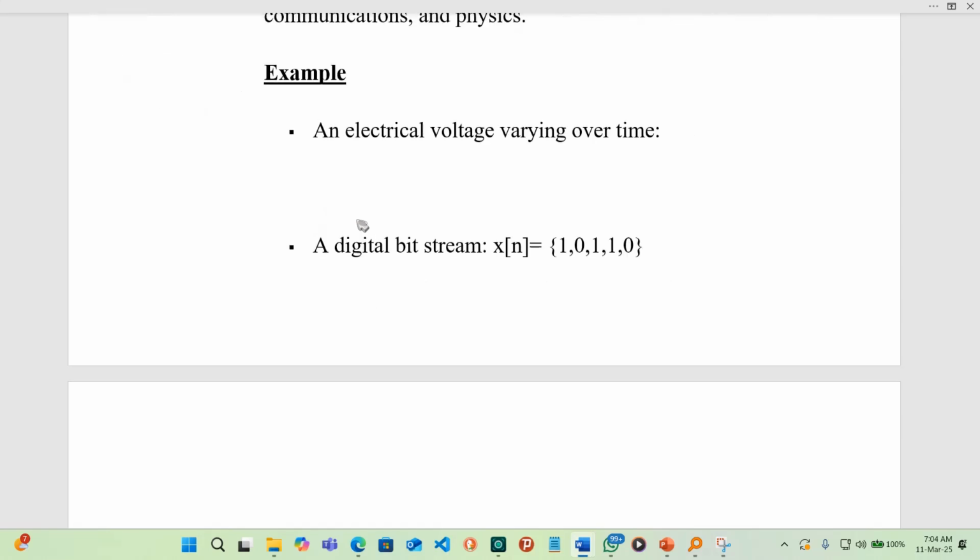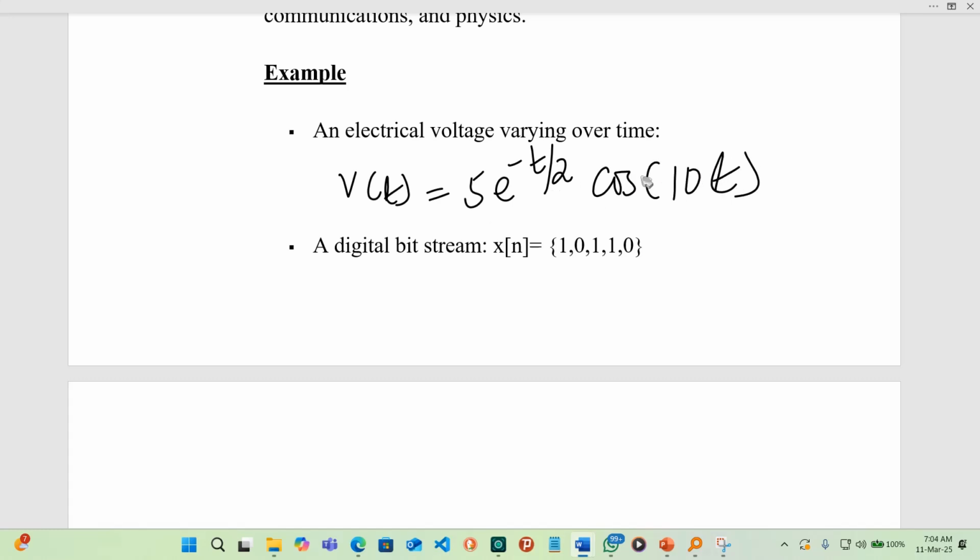So let's look at an example. You have an electrical voltage that is varying over time. You can have such a quantity like voltage, which is a function of time, equivalent to 5e^(-t/2) cos(10t). You can see it represents a signal because it is a quantity that is varying with respect to time.